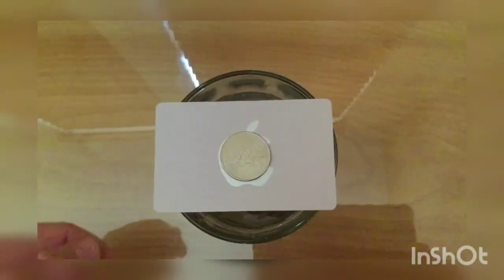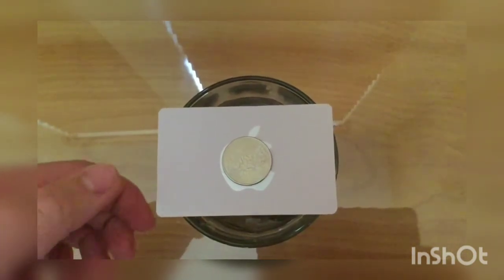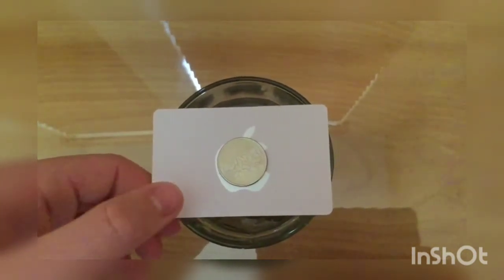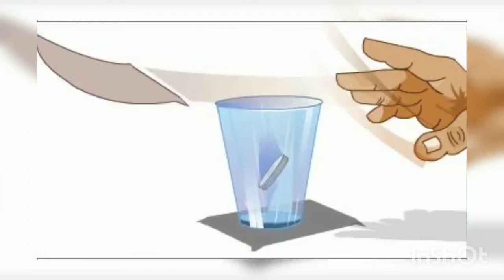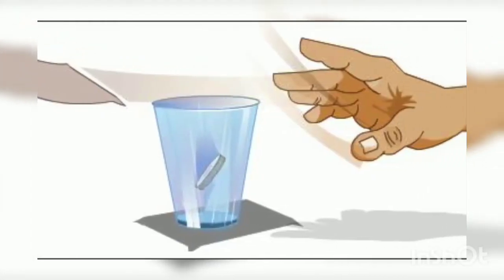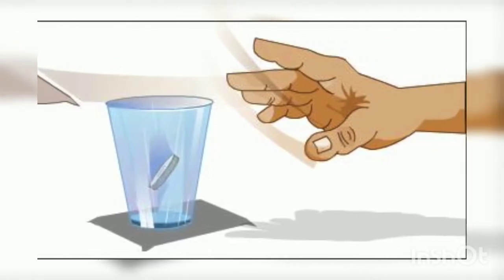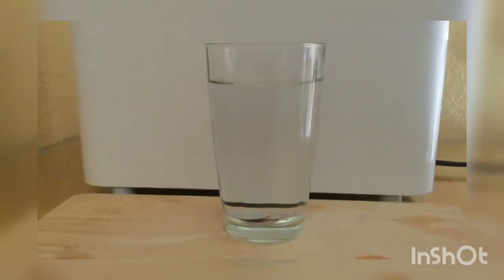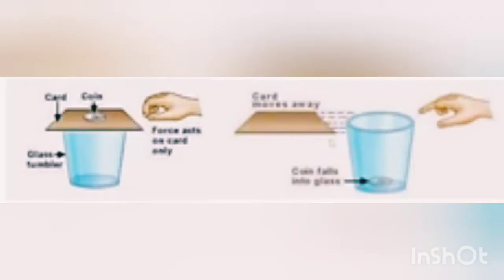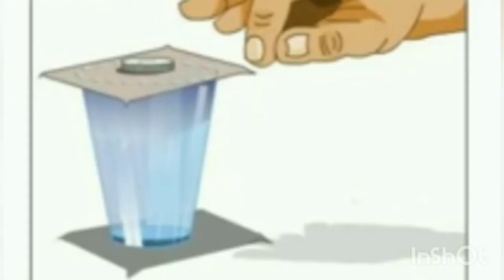Why is it so? If you push the card slowly, then the coin will move along with the card. But if it is pushed quickly, then the coin will not move along with the card due to inertia. Because inertia is the tendency of an object that opposes the change, that resists the change. It does not want to change the existing state.